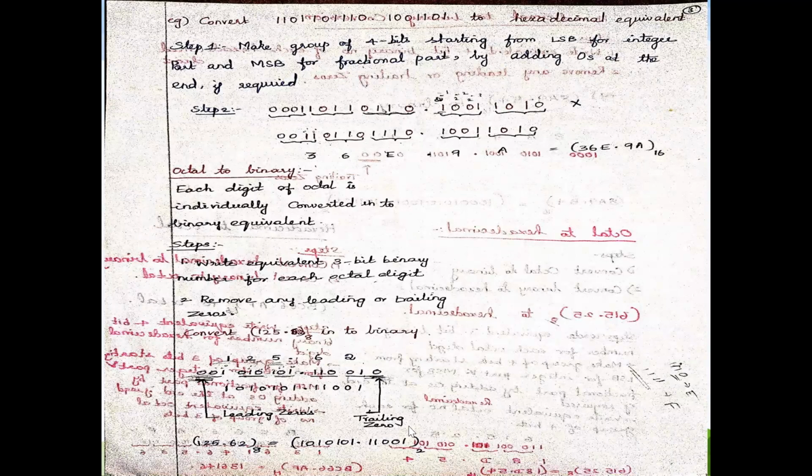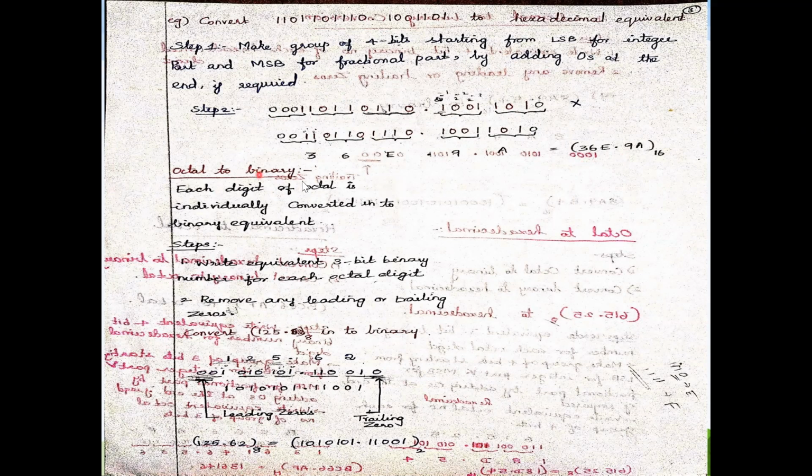Starting from the integer part's LSB, we group 4 bits, and if necessary you can add zeros at this end as well as this end, and you group 4 bits and represent those 4 bits of binary in terms of their hexadecimal equivalent, and the answer will be in hexadecimal.